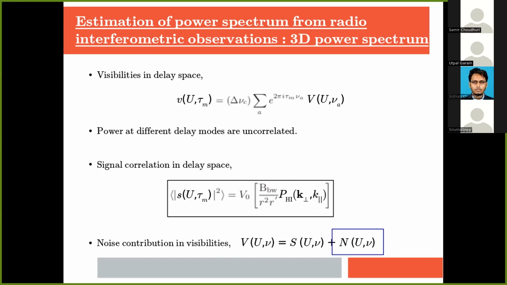So we assume this noise to be a Gaussian random variable with some mean 0 and with some value of sigma. Because of this assumption, we can show that this noise at different baselines, frequency and different time is uncorrelated.